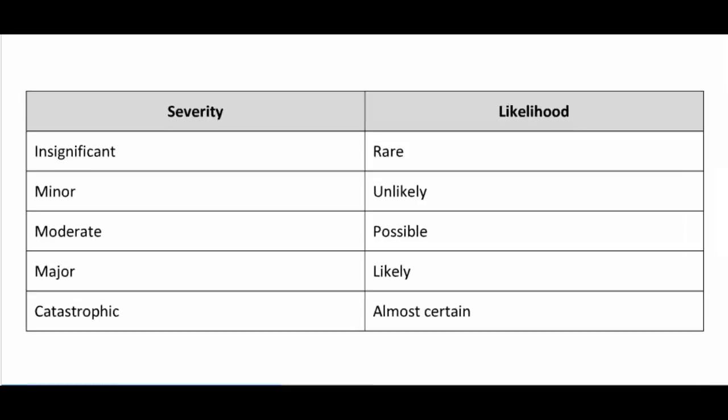The following table can assist in hazard assessment by assigning one of the following descriptors for both likelihood and severity. Severity: insignificant, minor, moderate, major, catastrophic. Likelihood: rare, unlikely, possible, likely, almost certain.